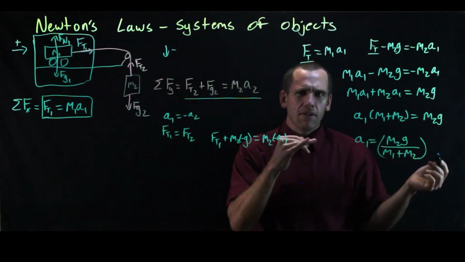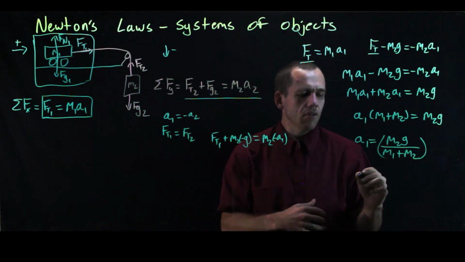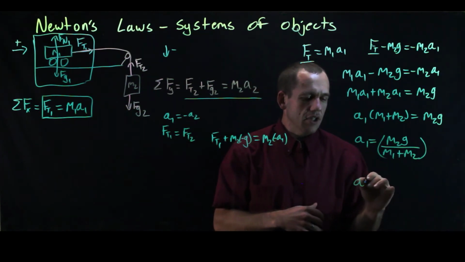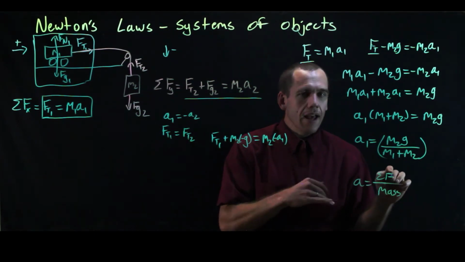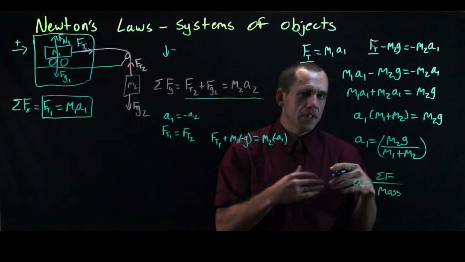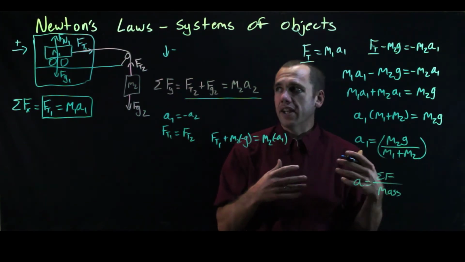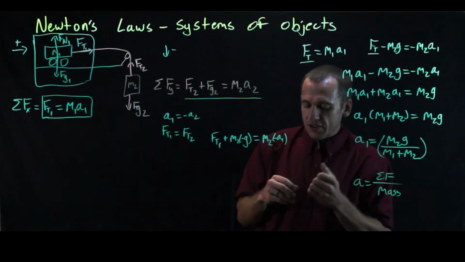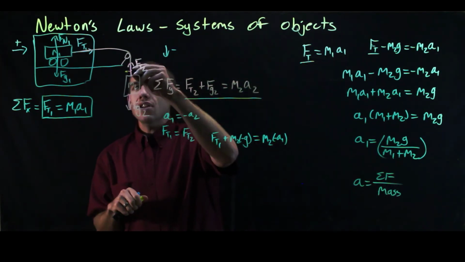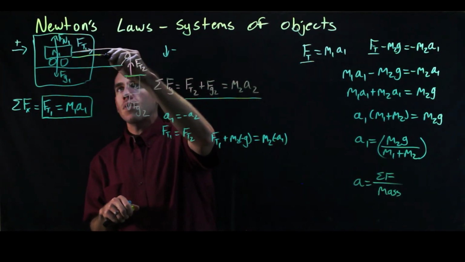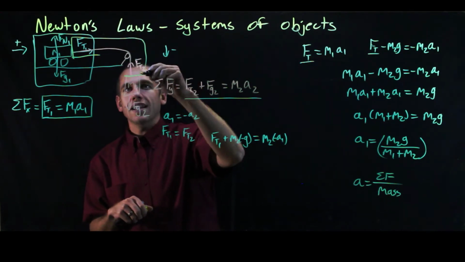This equation right here tells me the acceleration of this whole system, a1, is equal to m2g divided by m1 plus m2. Now let's look at that strictly in terms of Newton's second law, which says acceleration is equal to net force divided by mass. Well, the net force is the unbalanced force that makes this thing actually accelerate. And if we look back at the whole system, it's worth noting that this tension force right here and this tension force right here are actually pulling against each other.